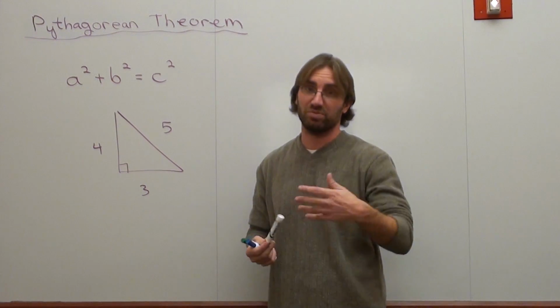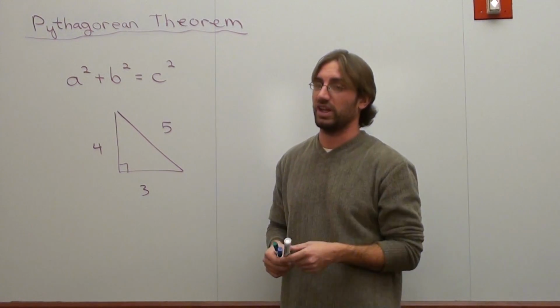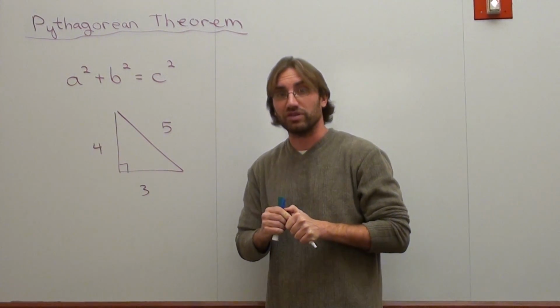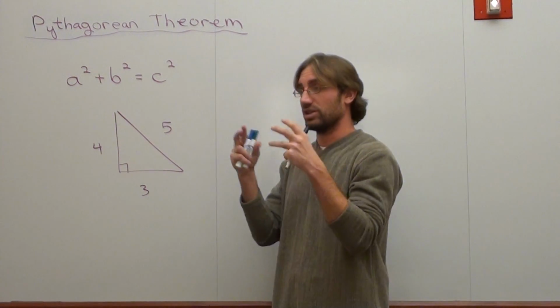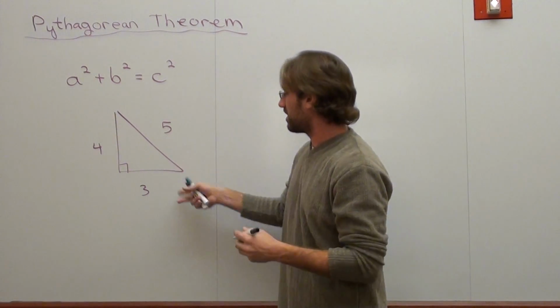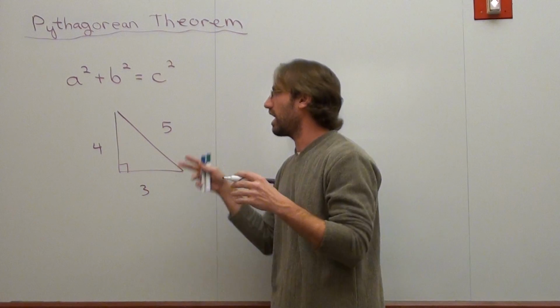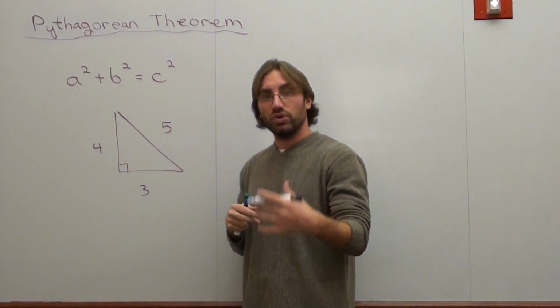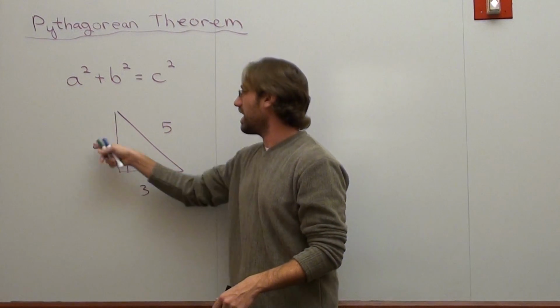If you want a little bit of proof into that, visual proof that is, you can do that. You can also incorporate this with the distance formula, which we'll be doing very shortly, because they're actually included in the topic of radicals in general. So I've got this triangle and I want to prove that a squared plus b squared equals c squared. When it comes to doing a type of problem, a and b don't matter.